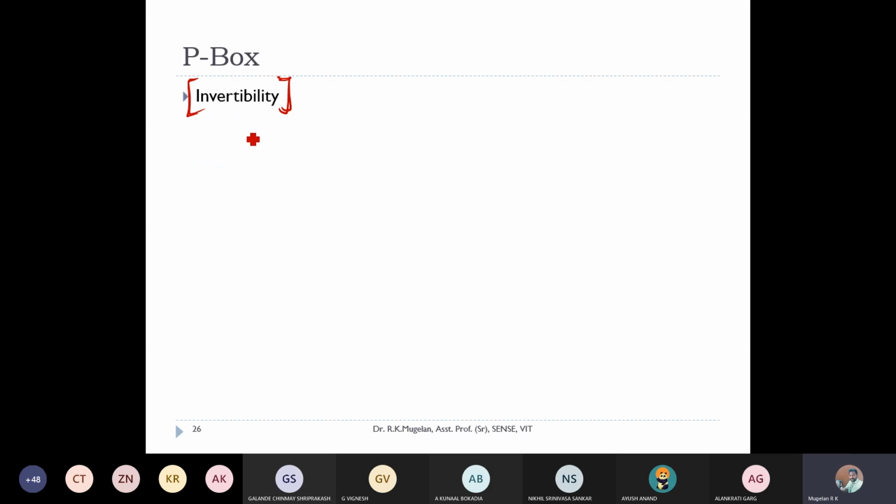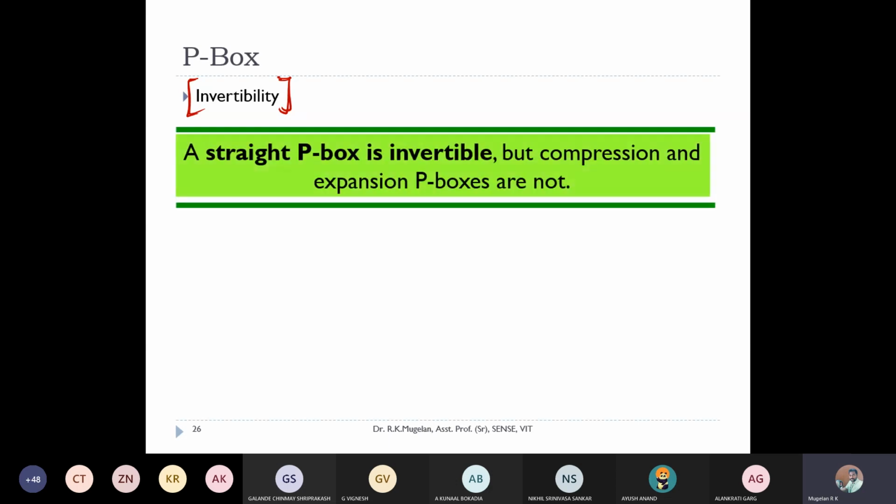You can see in an affine cipher, if we can't find a multiplicative inverse of a particular number, we can't decrypt. The same concept applies here. The inverse should exist for each and every p-box you choose. So from this you can see only the straight p-boxes are invertible, whereas compression p-boxes and expansion p-boxes are not invertible.